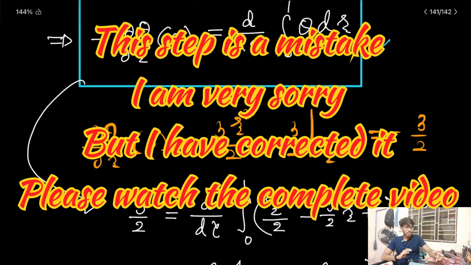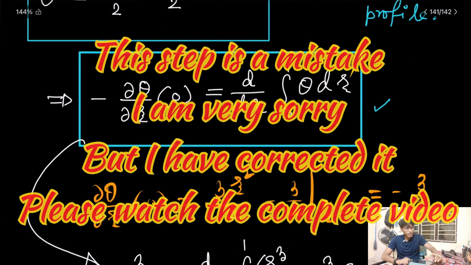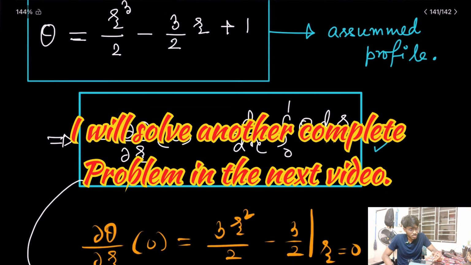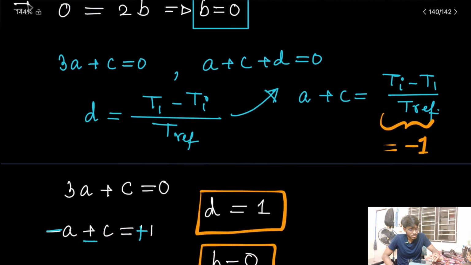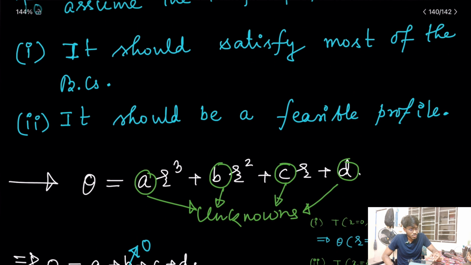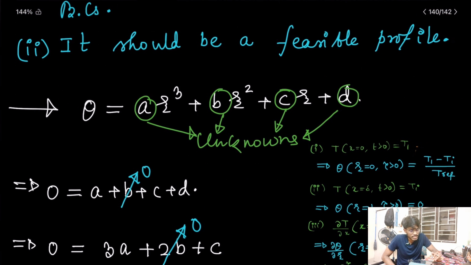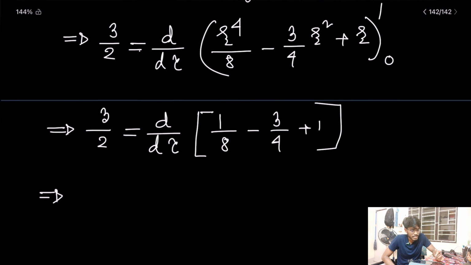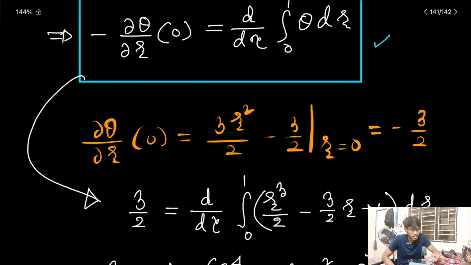Here what I can do is, no, I think I have missed something, because I should have a delta here.